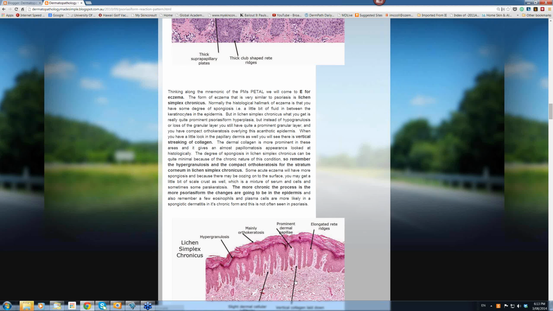The other thing you'll often see with this, although I'd have to blow this up, is collagen arranged vertically here, and thickened collagen in between these rete ridges. We've said here the more chronic the process is, the more psoriasiform the changes are going to be in the epidermis.